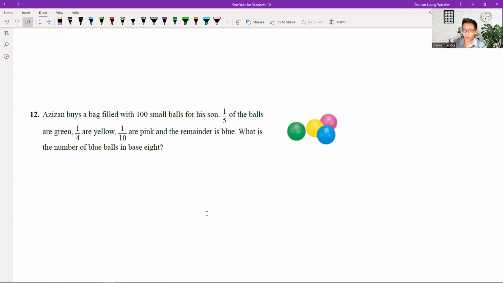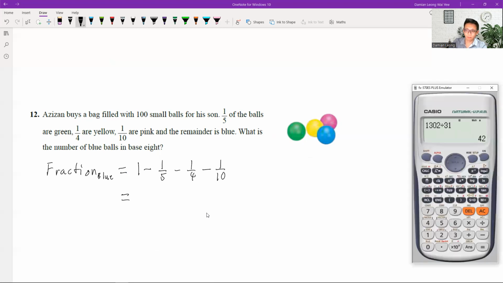Total fraction is 1. So if I want to count the fraction that is blue, I take 1 minus all the other fractions. Minus 1/5, minus 1/4, minus 1/8. That gives 9 over 20.